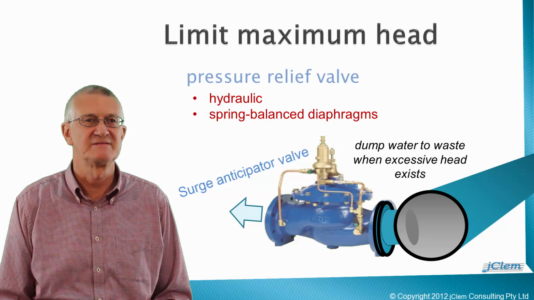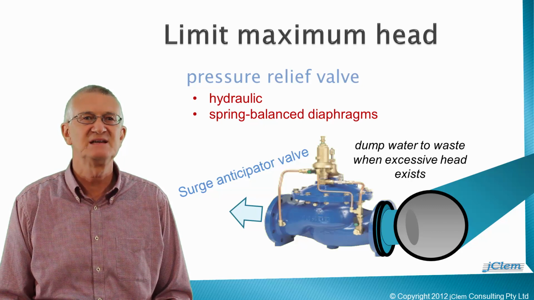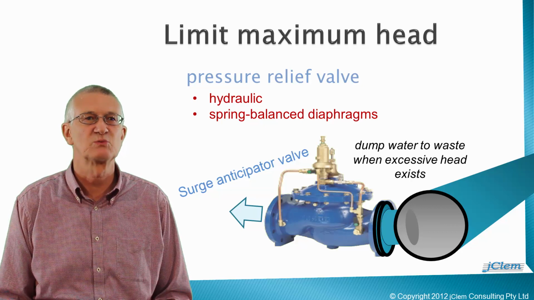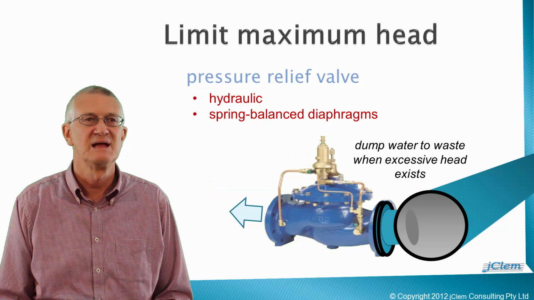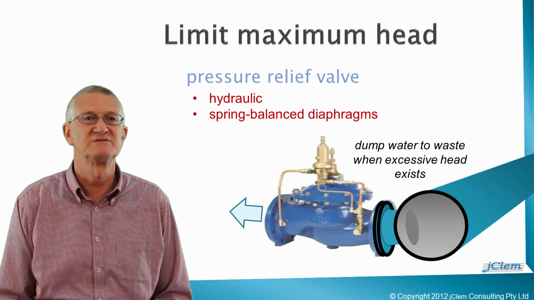Surge anticipator valves will, however, make the minimum head worse. So be diligent in your analysis of systems with surge anticipator valves to make sure both the minimum and the maximum head outcomes are acceptable. Let me use the next few slides to emphasize that pressure relief valves treat the symptoms of excessive head.